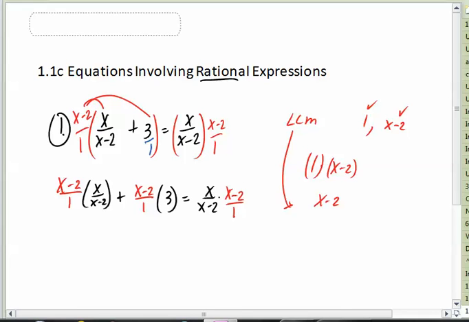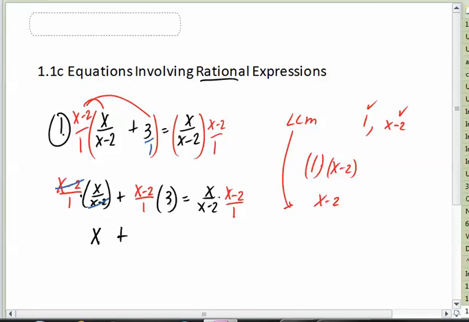We have x minus 2 in the denominator and x minus 2 in the numerator. I can't cancel just the x and the x, because those aren't factors. They have to be factors, not terms. So this is going to end up giving me an x.